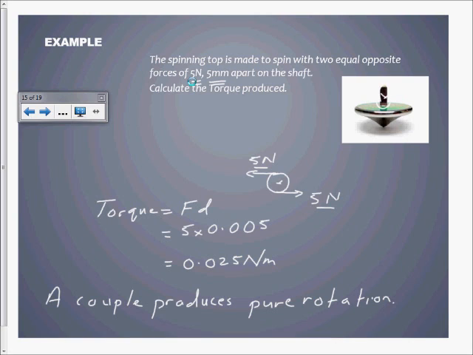That is a couple. It produces a torque. The torque is got by calculating the magnitude of one of the forces times the separation, 0.025 Newton meters. And the final point that I want you to take note of is that when you do apply a couple and get a torque acting on something, you get pure rotation. A body will spin without being shifted sideways.